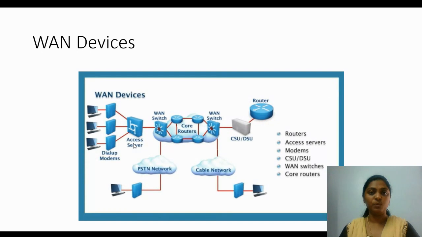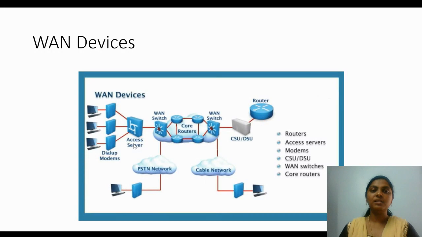In other words, the access server provides both digital and analog interfaces. So the access server focuses on dial-in and dial-out user communications. So this is all about the access servers.